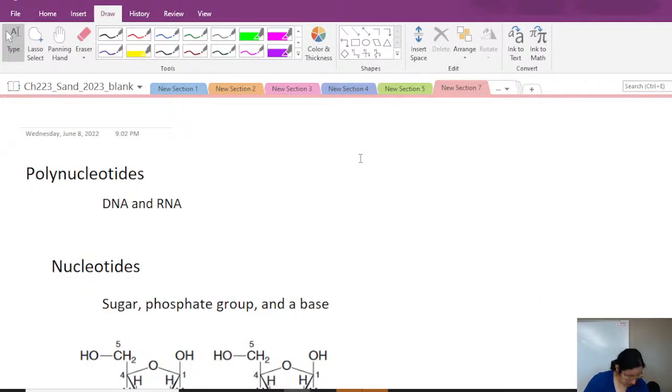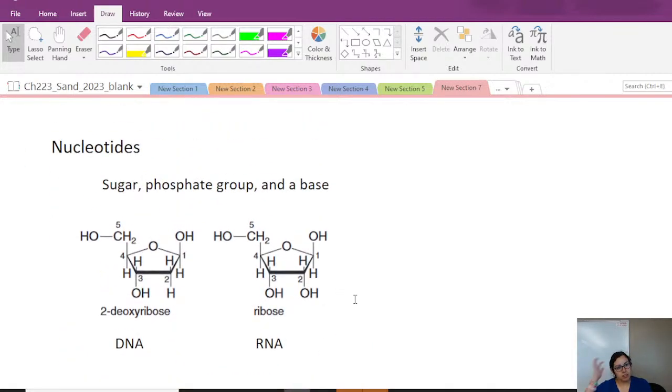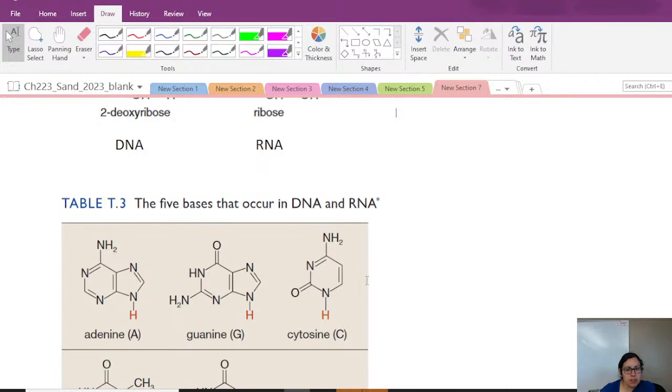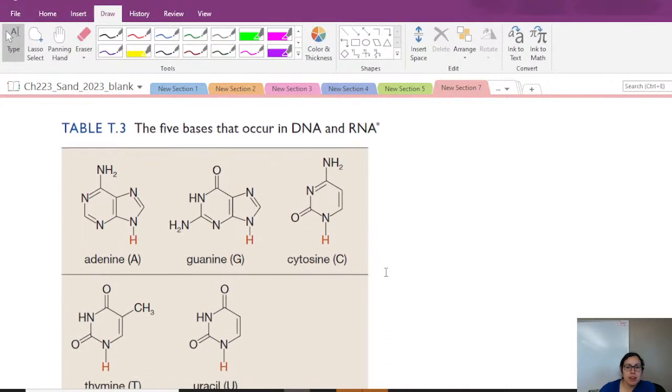So let's look at DNA and RNA more. Nucleotides are just made out of a sugar, a phosphate group, and a base. So there's DNA and RNA.